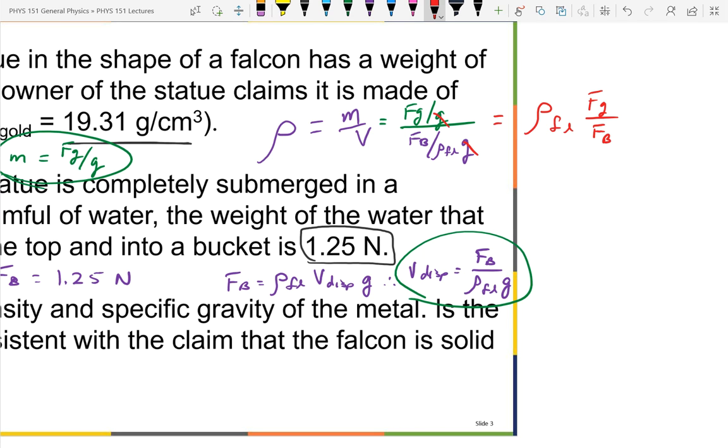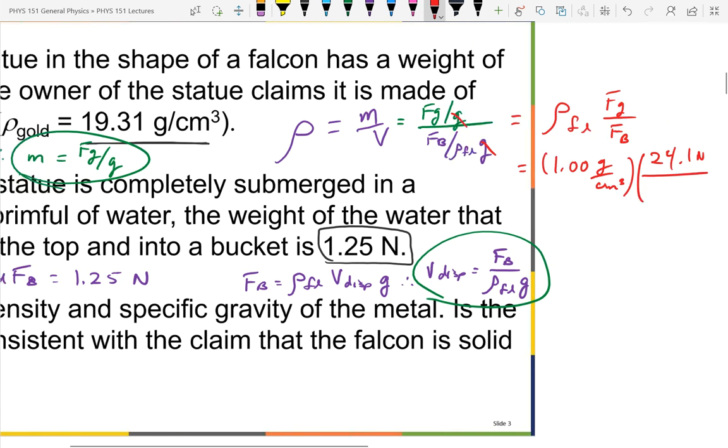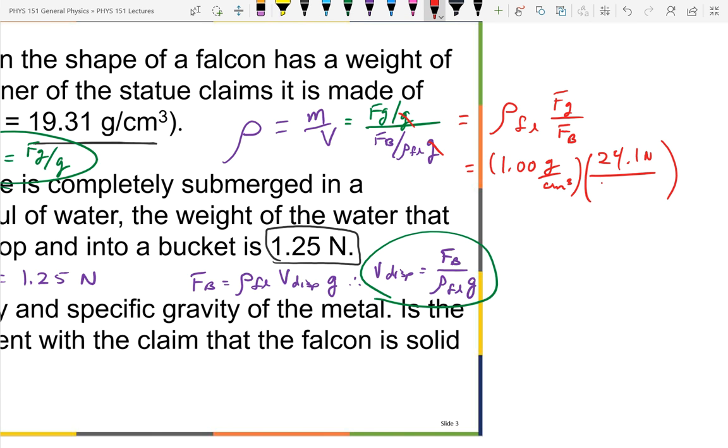So the density of my material, the gold, is the density of my fluid times the force of gravity divided by the buoyant force.